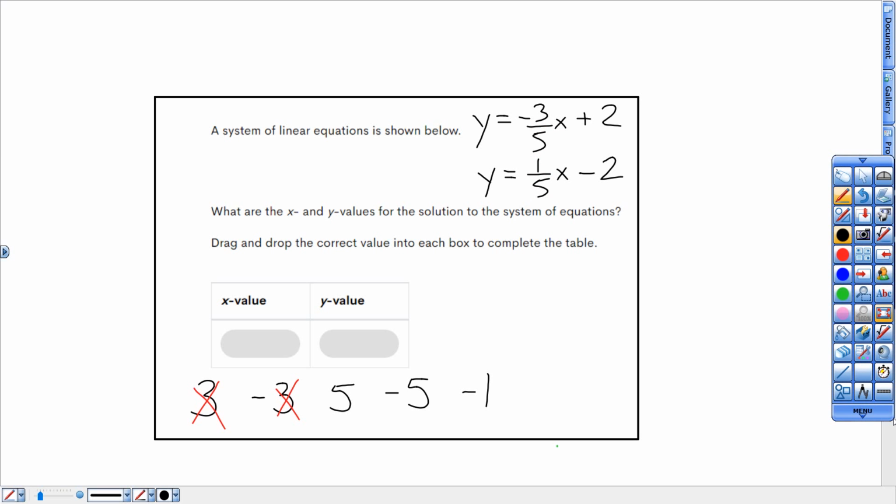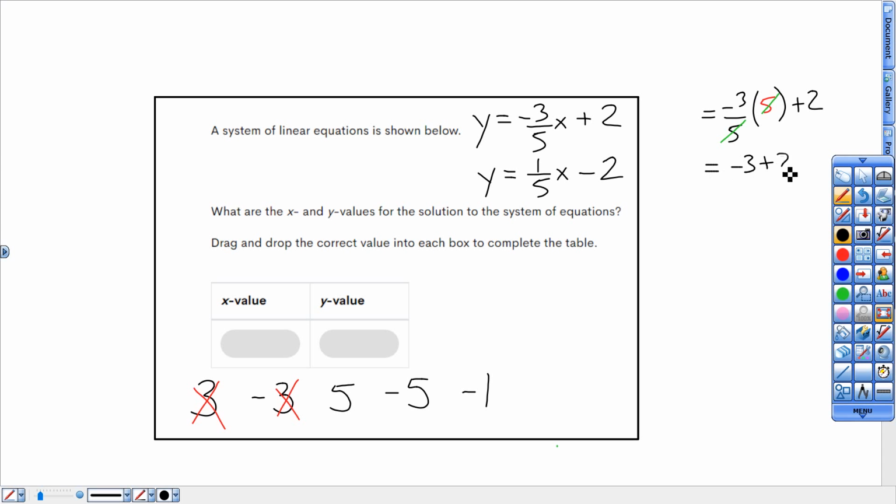Let's see what I get when I take that first equation and plug in 5 for x. These 5's will cancel and leave me just that -3. Or I could have got -15 over 5 as another way to get -3. But no matter what, that 3/5 negative times 5 ends up being -3.